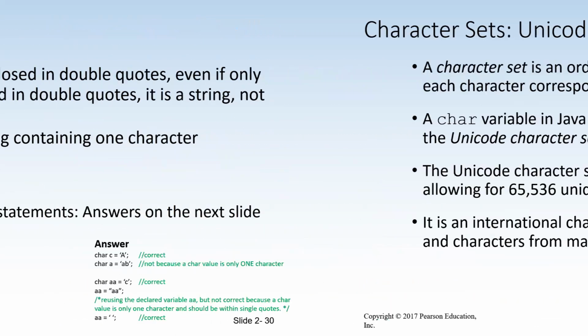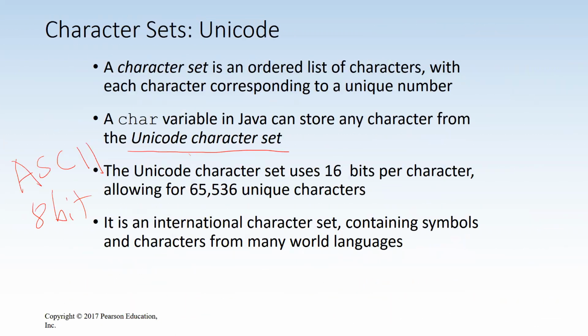So that's not enough to represent all the symbols in the world languages. So now we use Unicode, which uses 16 bits. That's 2 bytes. And 2 bytes is very large, right? So it can represent enough. It has enough different symbols to represent the characters in the world languages.